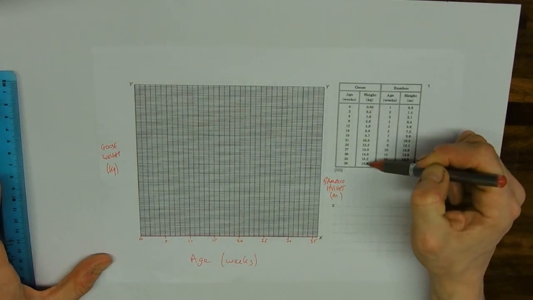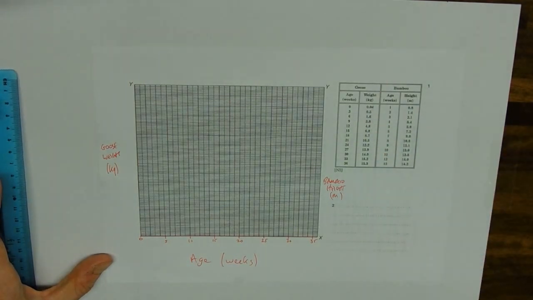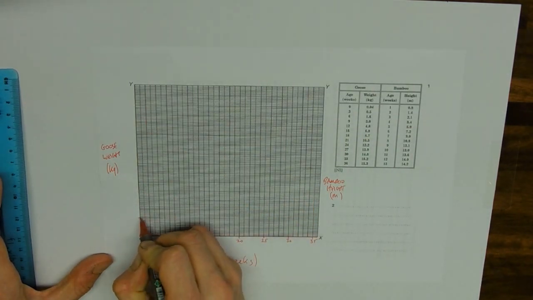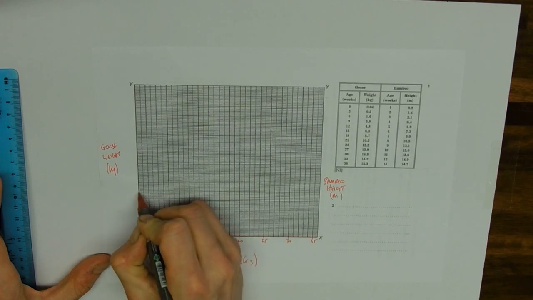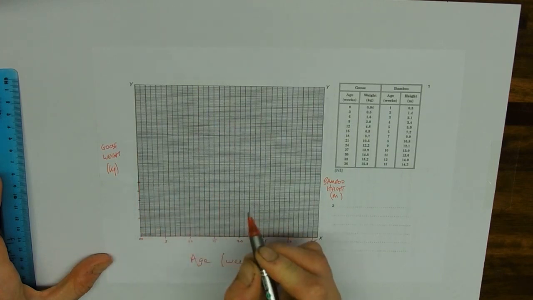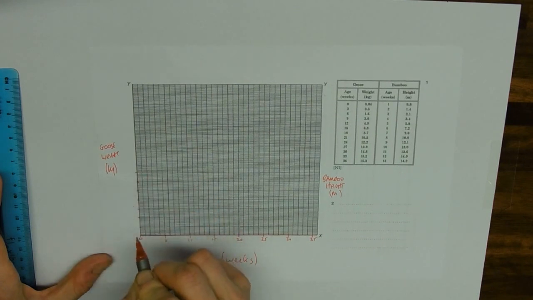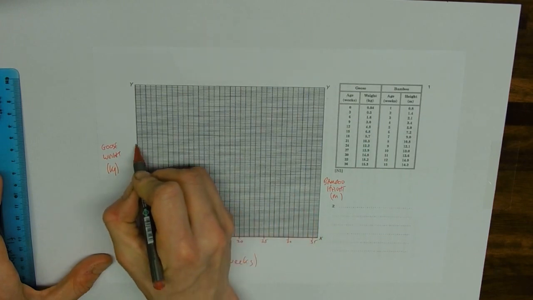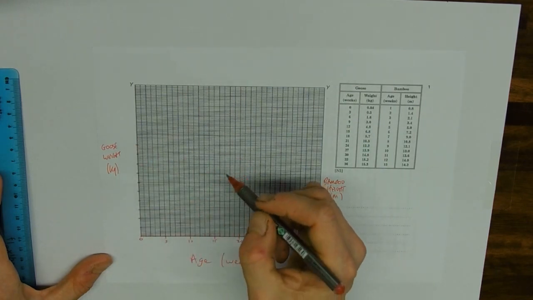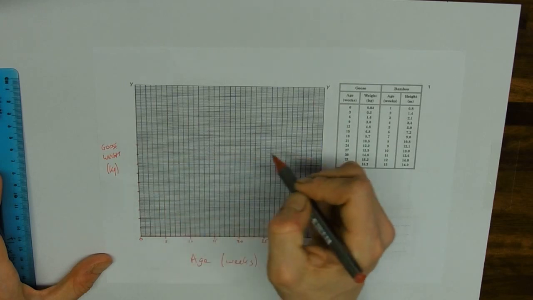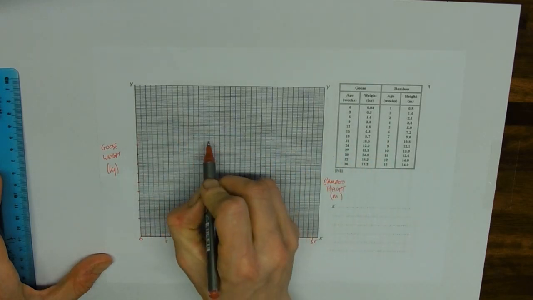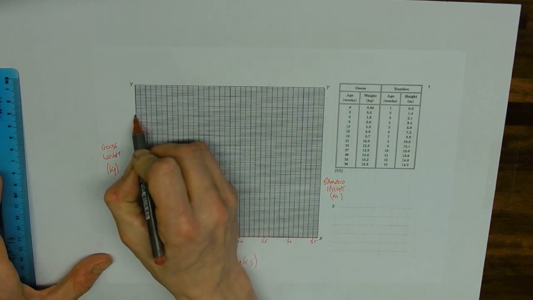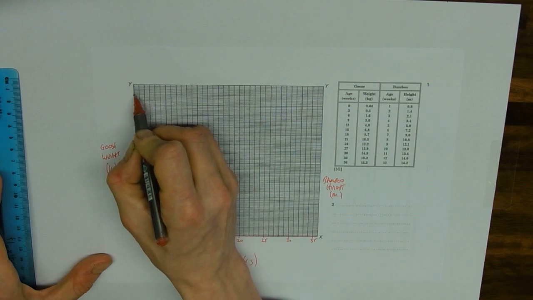Our highest number is 15.3, so it needs to go up to 16. And actually, if we look at these, we've actually got 16 of these divisions here. It's absolutely difficult with this paper to make these out properly, but we're sort of there. Let's see.